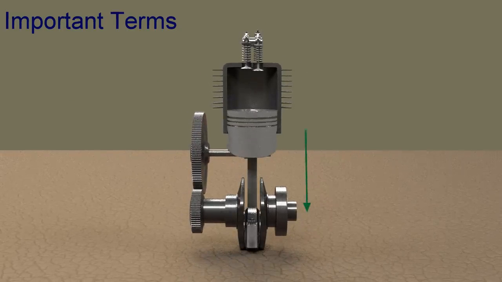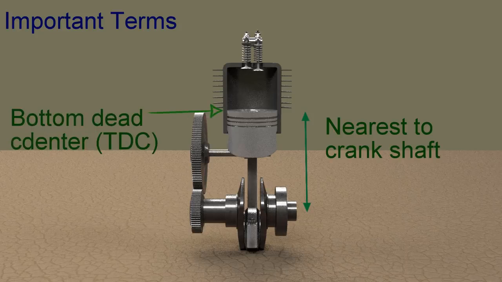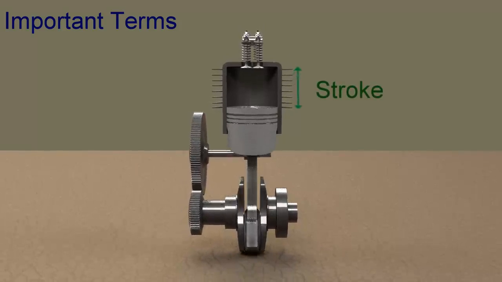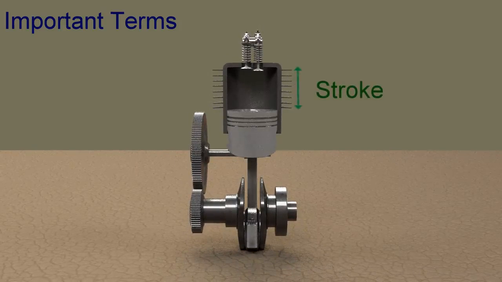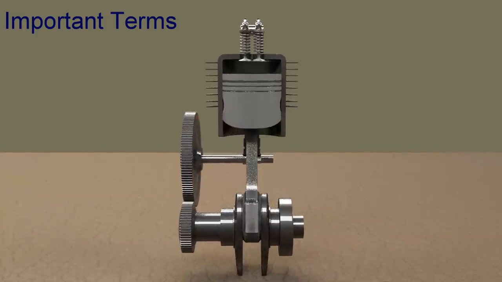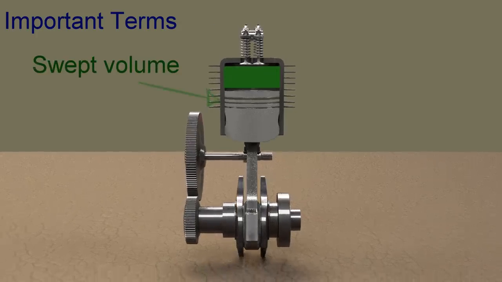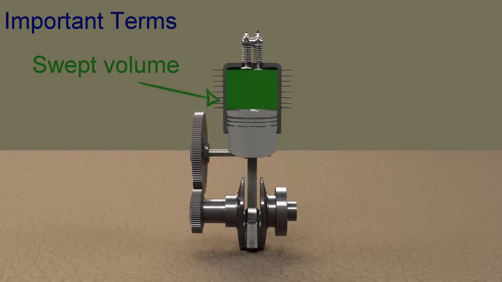Bottom dead center is position of the piston when it is nearest to the crankshaft. A stroke refers to the full travel of the piston along the cylinder in either direction. There is some space left on combustion side of piston at top dead center which is called clearance volume. Swept volume is the volume swept by the piston in one stroke.